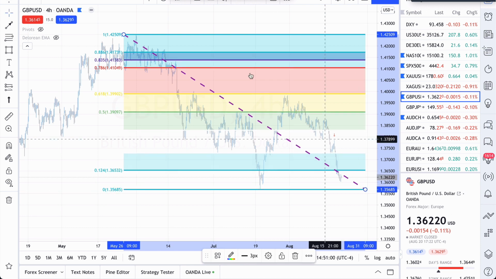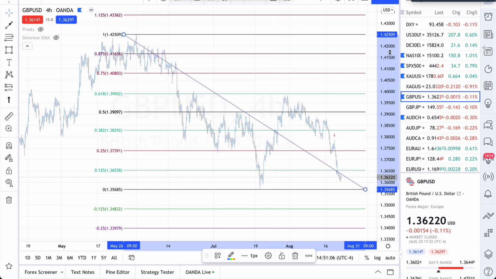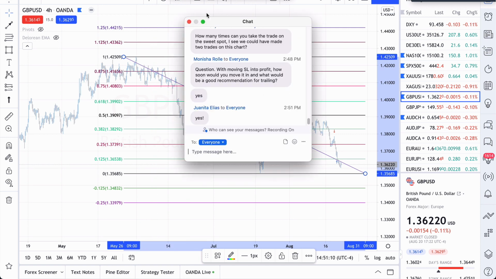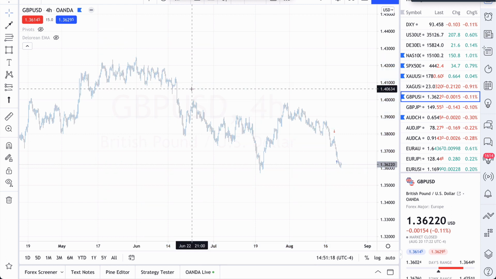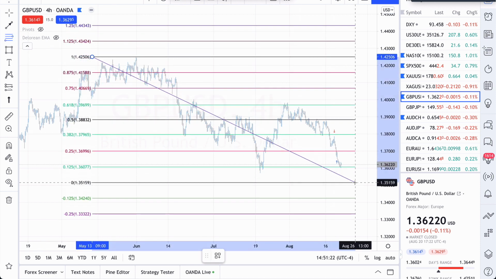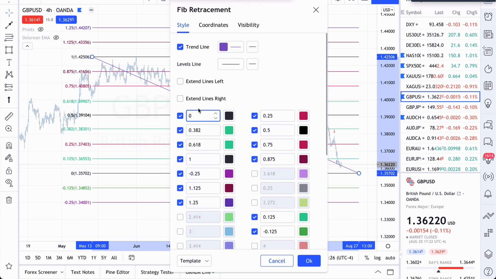All right, so let me apply mine. CC fib. So here are the major levels. I'll give you the major levels, and then we can go ahead and adjust them. So let me show you how to edit the levels. Let's say you're working from the default fibs. Let's apply the default fibs.